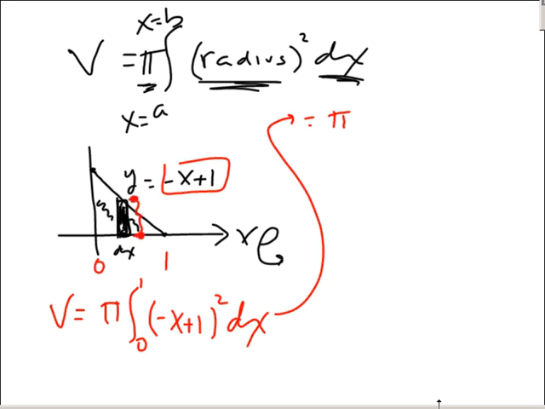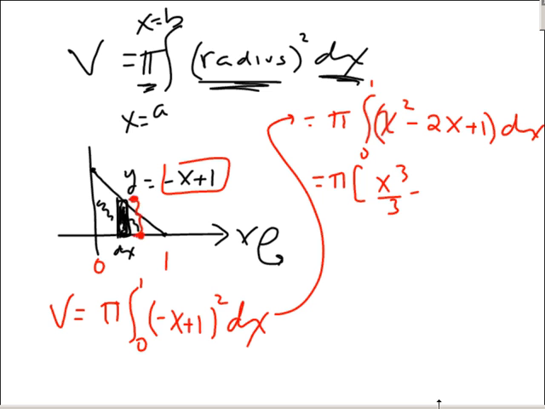So we go from 0 to 1, and we get pi times, if I FOIL that out, x squared minus 2x plus 1 dx from 0 to 1. If I integrate, we get x cubed over 3 minus x squared plus x, and this goes from 0 to 1.